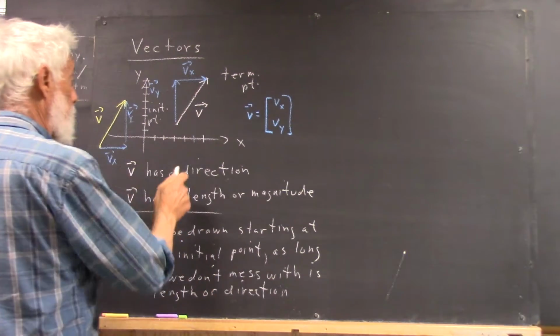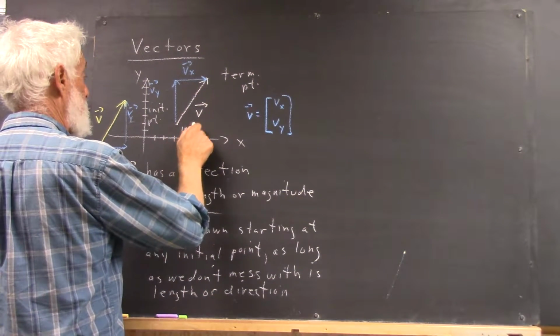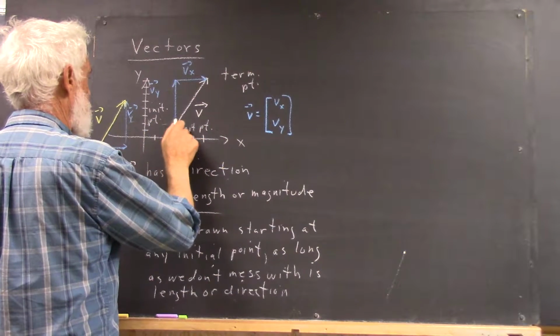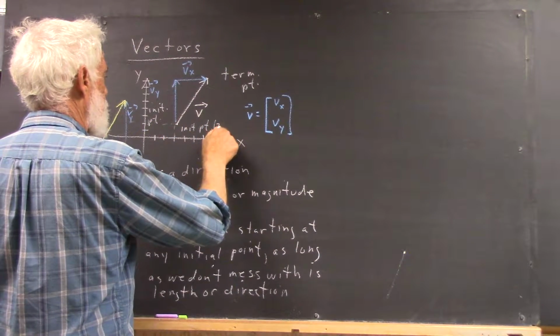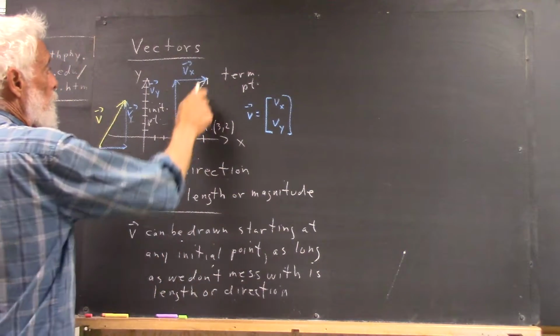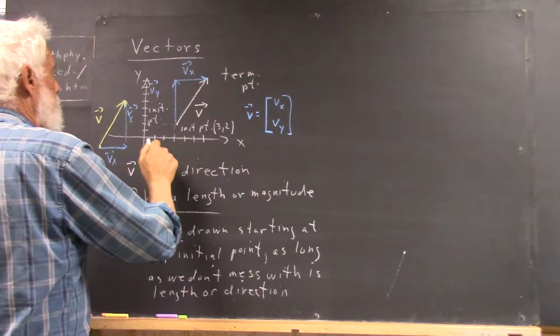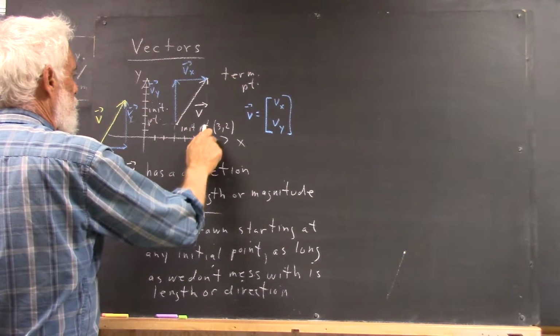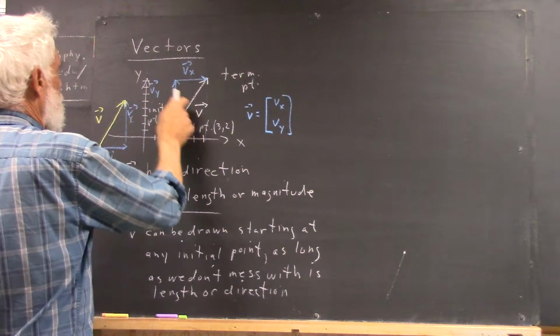Well, the initial point looks like it's 3, 2. And the terminal point looks like it's what? 1, 2, 3, 4, 5, that's around 6.